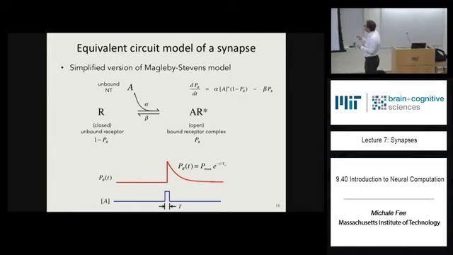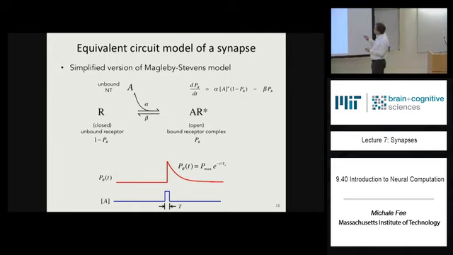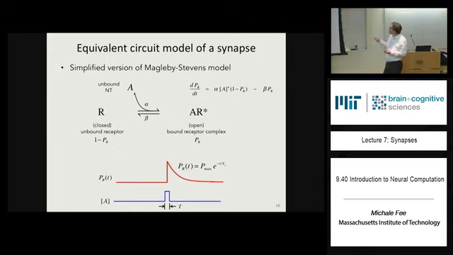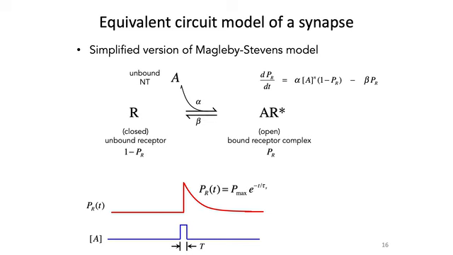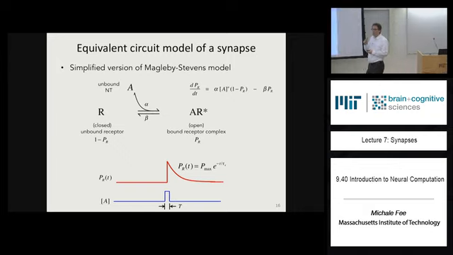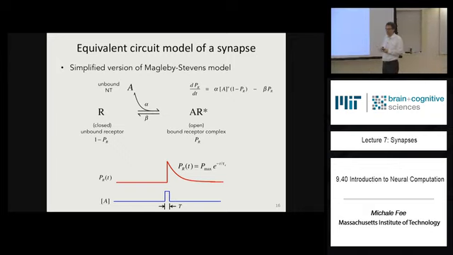So you can see that if the receptor requires 2 neurotransmitter molecules to bind before it opens, then you have a concentration squared. And that has really important consequences on the way it works, because it makes the receptor very sensitive to high concentrations of neurotransmitter.